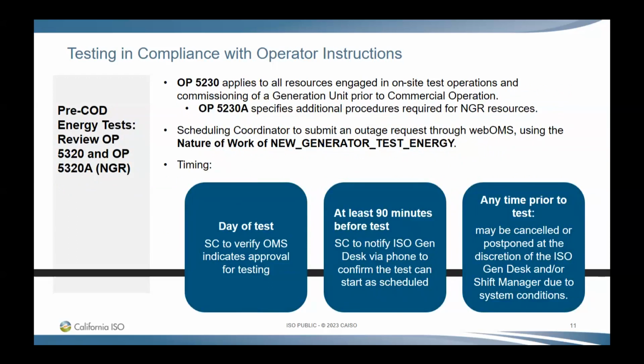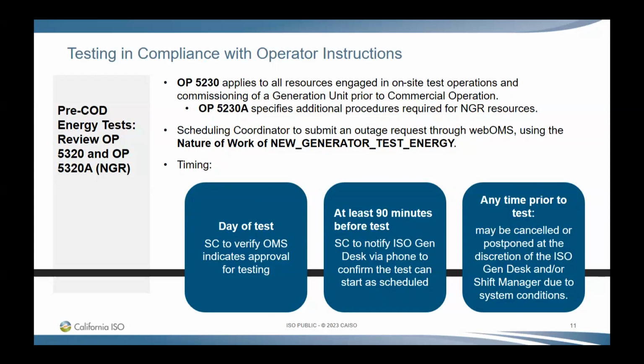Operating Procedure 5230 applies to any of the resources that are engaged in on-site test operations and commissioning of a generating unit prior to COD or commercial operation. And 5230A specifies any additional requirements for NGR resources.